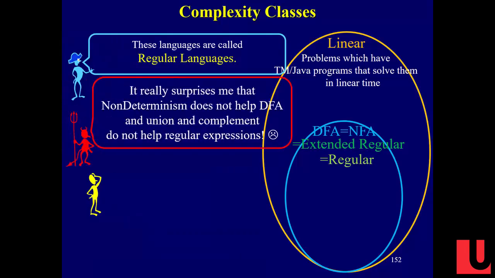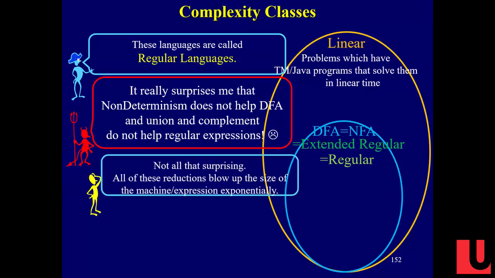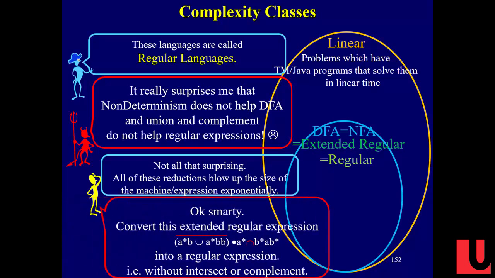And you might say that surprises you, but the yellow guy says, no, it's not so surprising because things get so much bigger. We blow up the size of things so much. And then the devil is getting to be sort of sarcastic, and he says, well, here is a reasonably simple generalized regular expression.